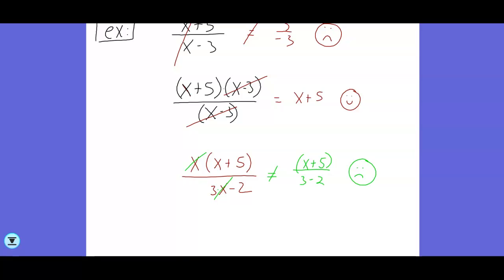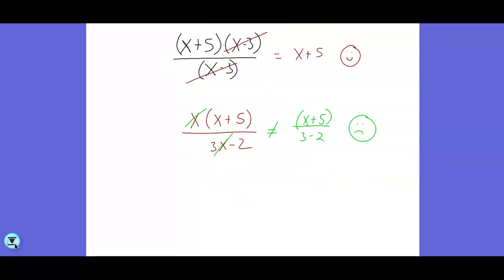However, here's something you would be allowed to do. Now you can cancel out the x because this x is being multiplied by something, and this x is only multiplying things.